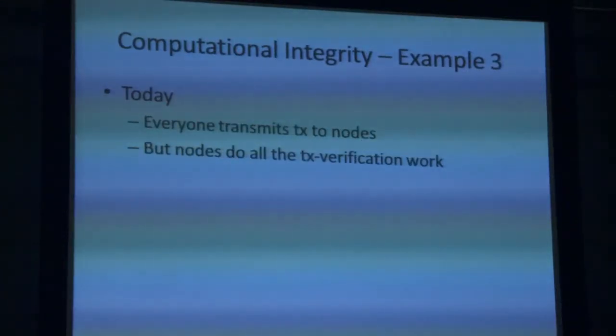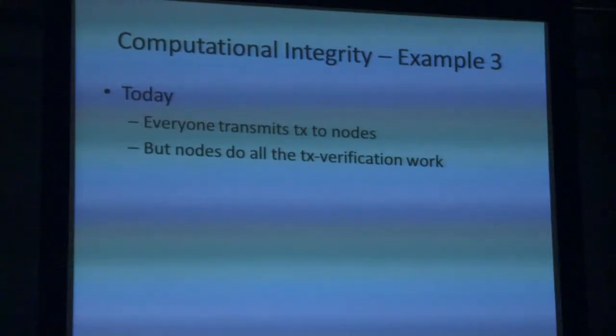Another example. Today, when you want to post a transaction on the network, on the blockchain, you send it to some nodes, and they have to do all of the verification. And if someday it's going to be in a complicated script, then it's going to take them a lot of time to verify this.